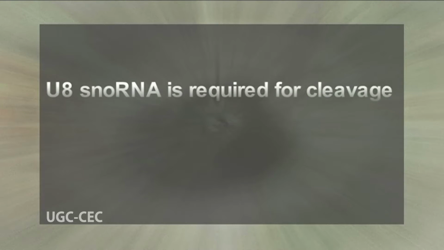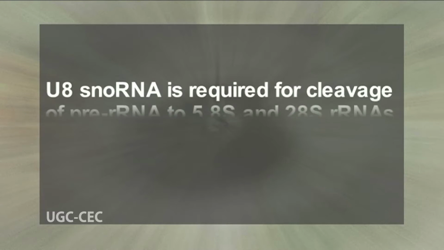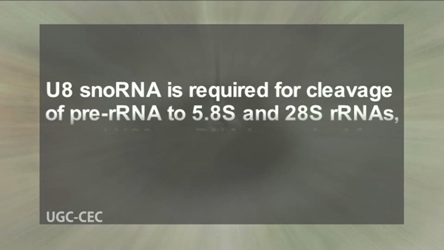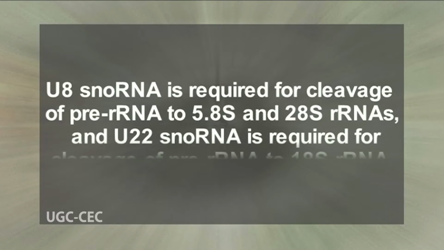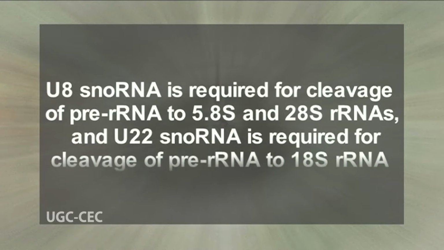Similarly, U8 snoRNA is required for cleavage of pre-rRNA to 5.8S and 28S rRNAs, and U22 snoRNA is required for cleavage of pre-rRNA to 18S rRNA.